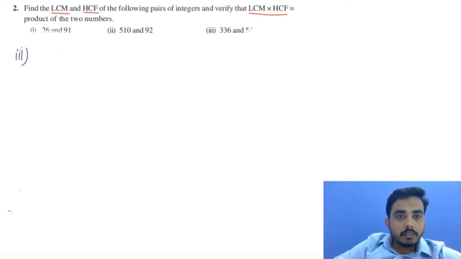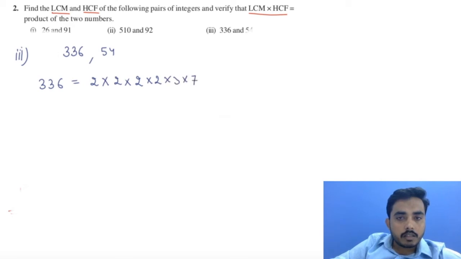We need to find out the LCM and HCF of 336 and 54. First, we'll solve 336. So 336 can be expressed as 2 into 2, this is 4, into 2, this is 8, into 2, 16.